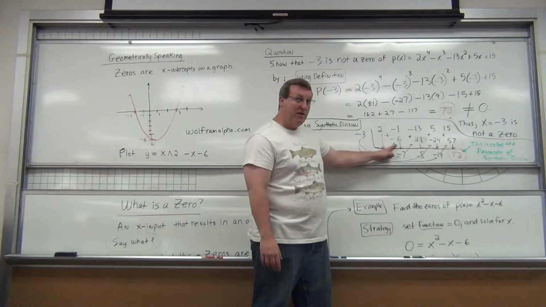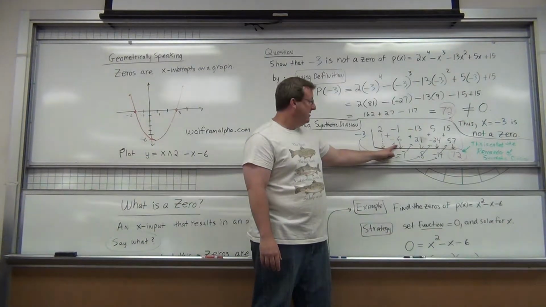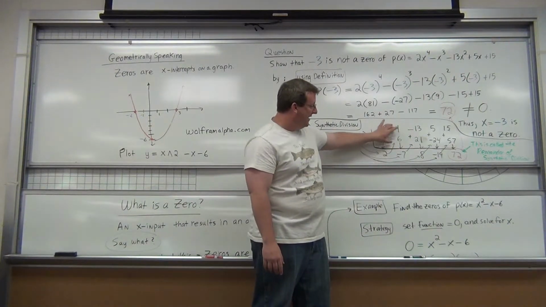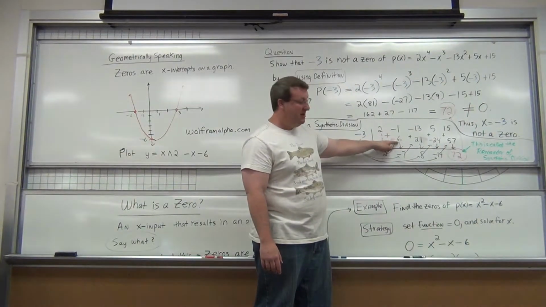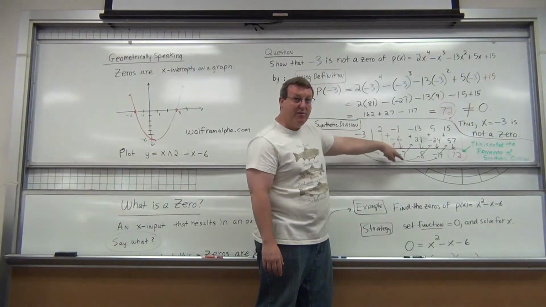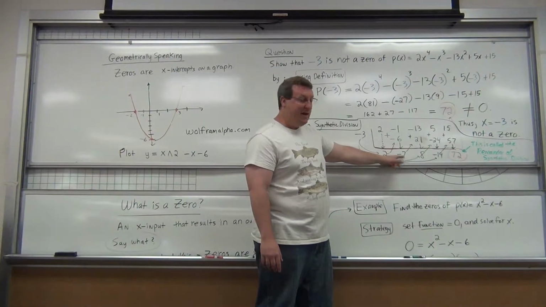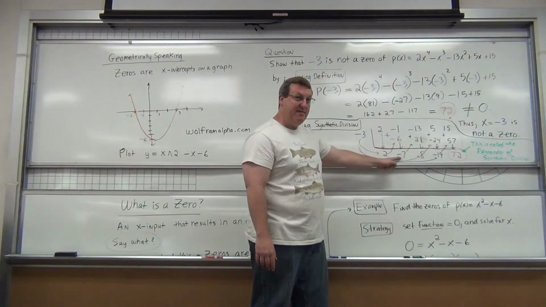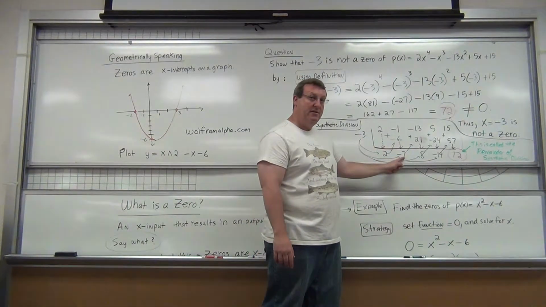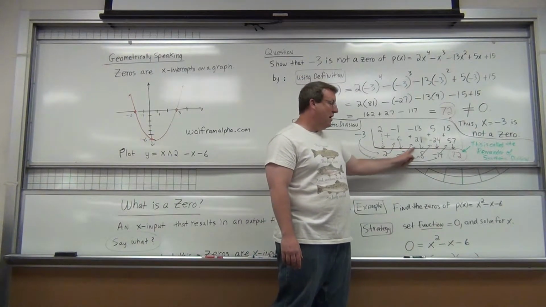It's -6. Follow the arrow. -6. Everything on the inside here you add. So what's -1 plus the -6? -7. You see the arrow flowing down to -7? Now -7 is below the line, so what do I multiply the -3 by? The -7. What's -3 times -7? Positive 21. Watch that arrow.